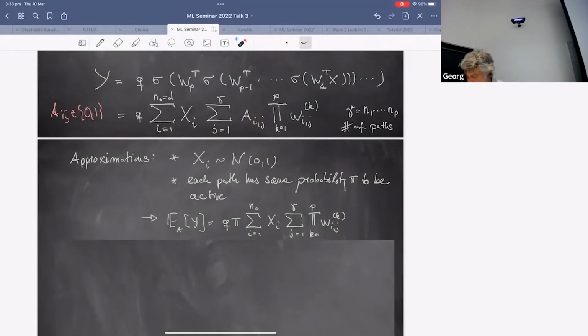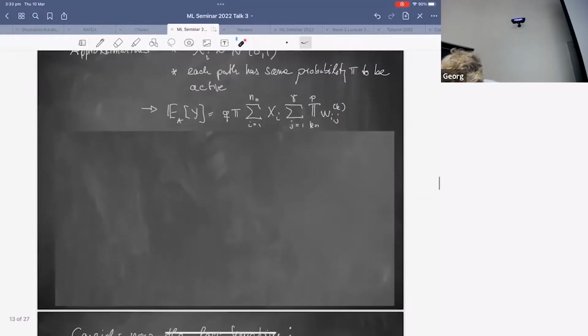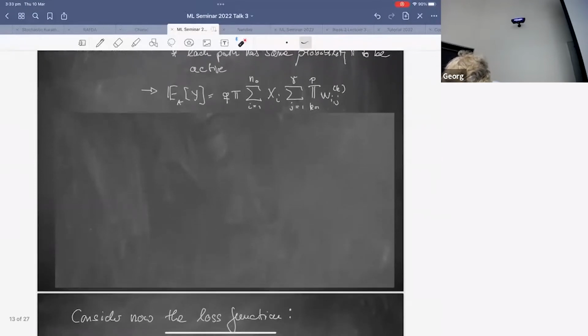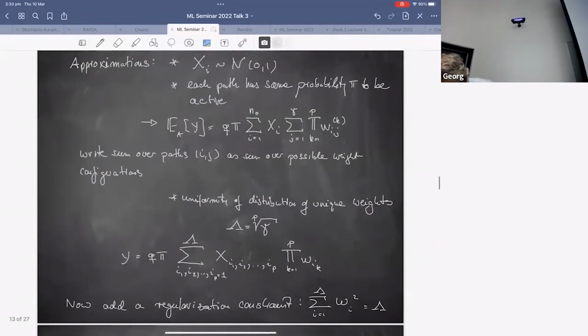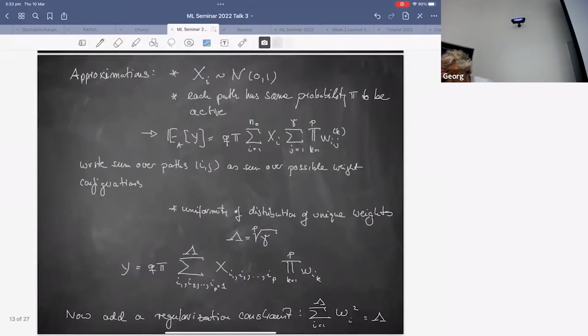Yeah. Okay. And now comes another approximation, which allows us to do another reformulation of the sum. So remember previously here, we sum over all the paths.